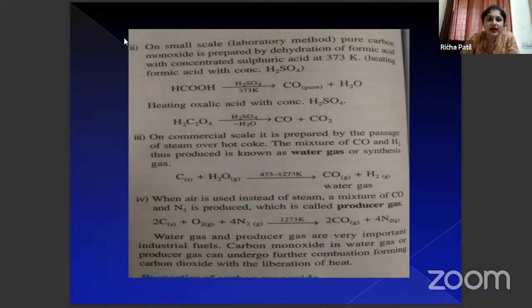When you pass steam over coke at 473 to 1273 Kelvin, you get water gas. CO plus H2 is called water gas. Like this, you can get carbon monoxide. This is the commercial method, which means you can produce carbon monoxide on a large scale.